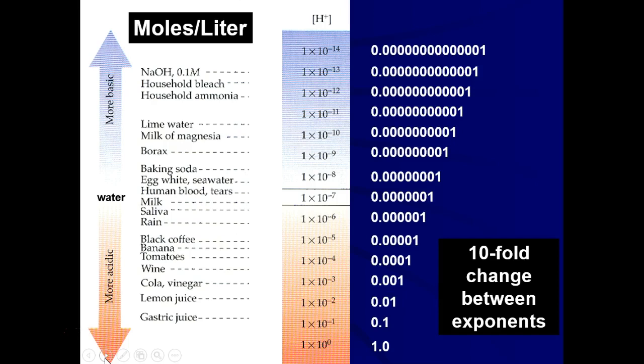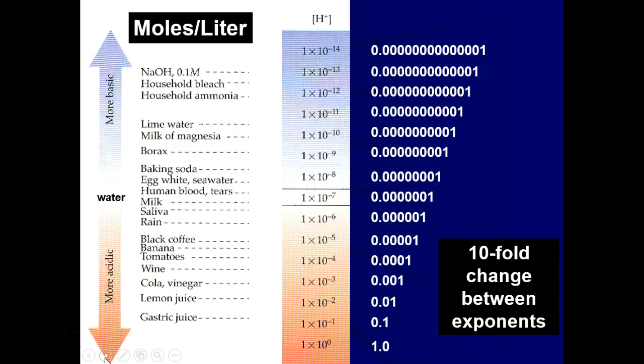If you take, for example, 10 to the minus 7th, and on your calculator you punch in the negative log of 10 to the minus 7th and hit the equal button, it will pop up 7. If you take, for example, household ammonia at 10 to the minus 12, punch in 10 to the minus 12 and then hit the negative logarithm of that on your calculator and then hit equal, the number that appears is 12.